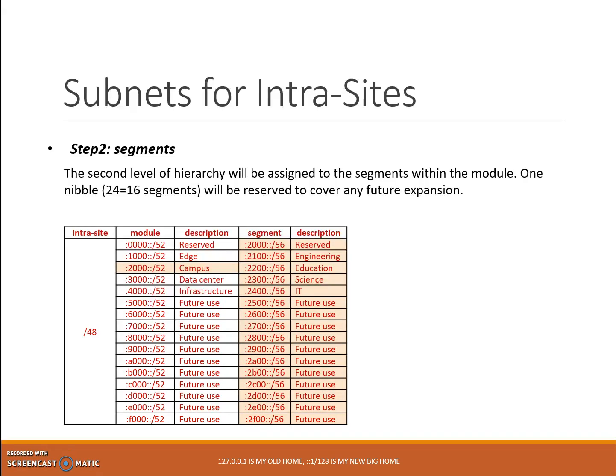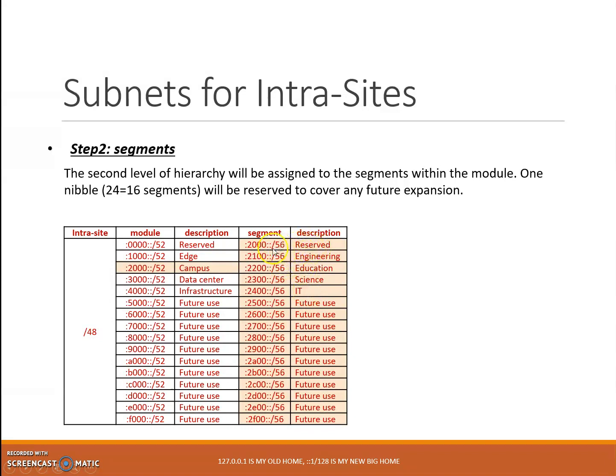And this is the table that shows the segments we need. For example, we represent here the campus module, which has, as we saw in the description, engineering segment, education segment, science segment, and IT segments.